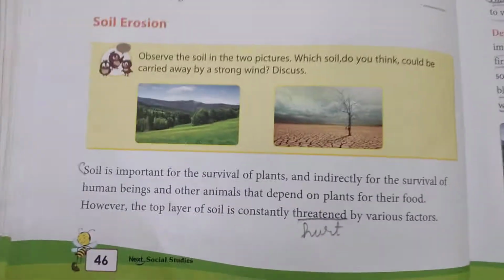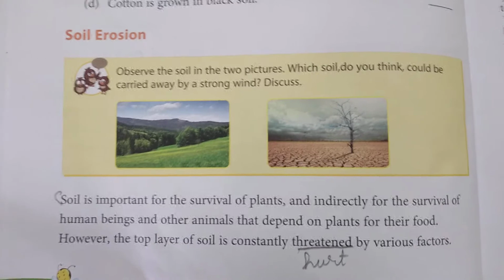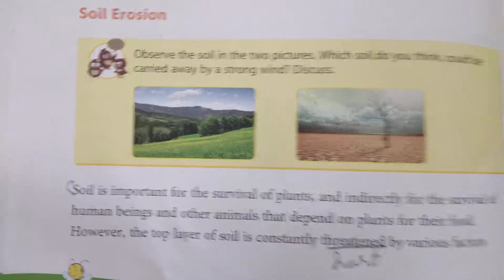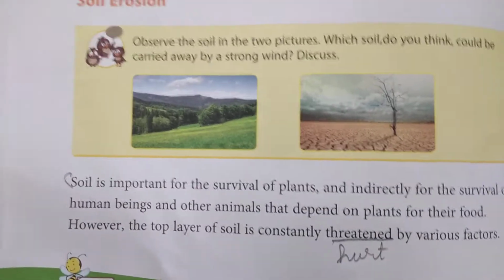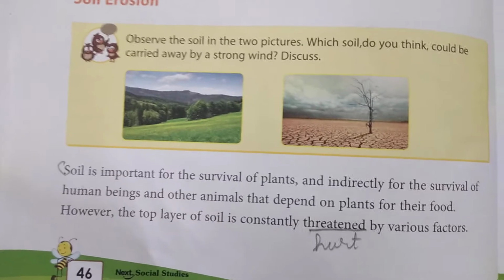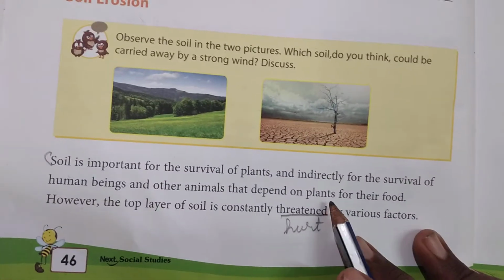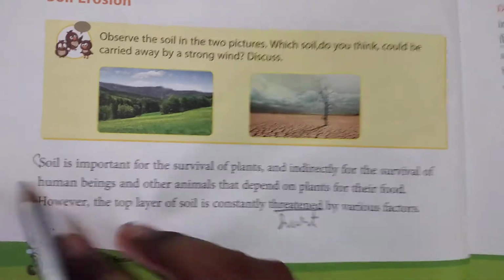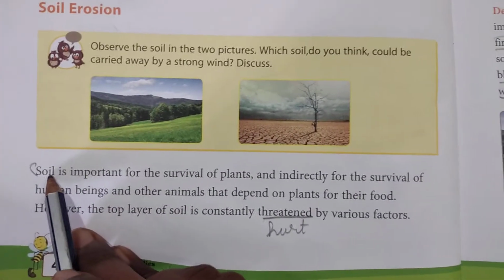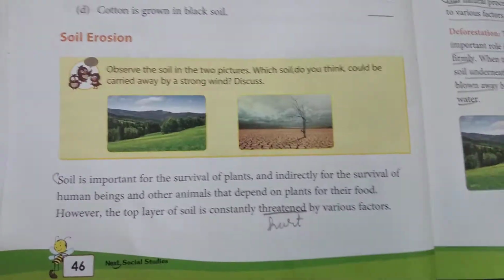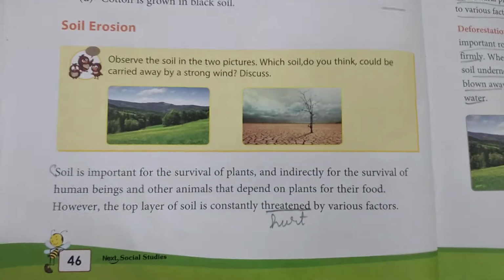So if plants are destroyed, human beings also cannot survive. For human beings plants are important, and for the survival of plants, soil is very important.